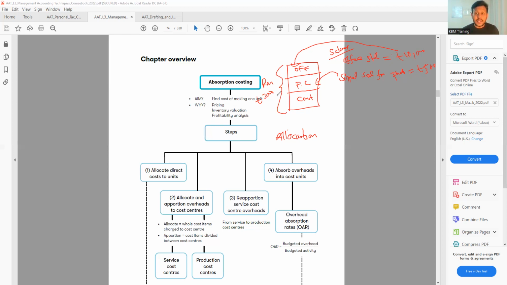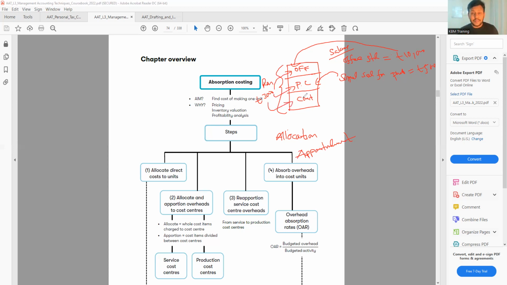So for that reason, we have to do something called apportionment. What is apportionment? It is to split it, divide it to every single department that is using this building. Now for this 3,000, we can give 1,000 to the office, 1,000 to the production cost center, and 1,000 to the canteen, and they will be happy.